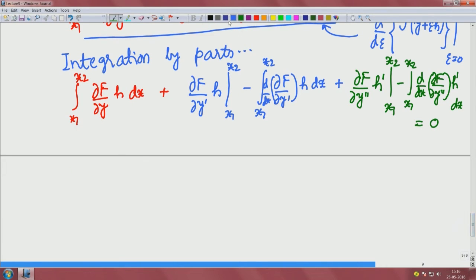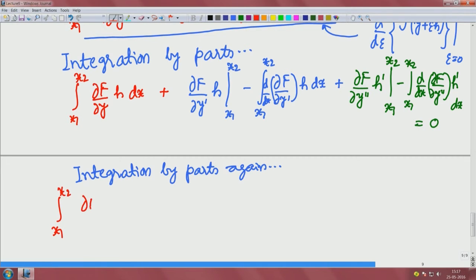Okay. So, now we do integration by parts a second time. Again, let me use the color coding. The first term that we have remains as it is, dou f by dou y times h dx. Plus, let us go to the second term, which already has h, so there is nothing to do.